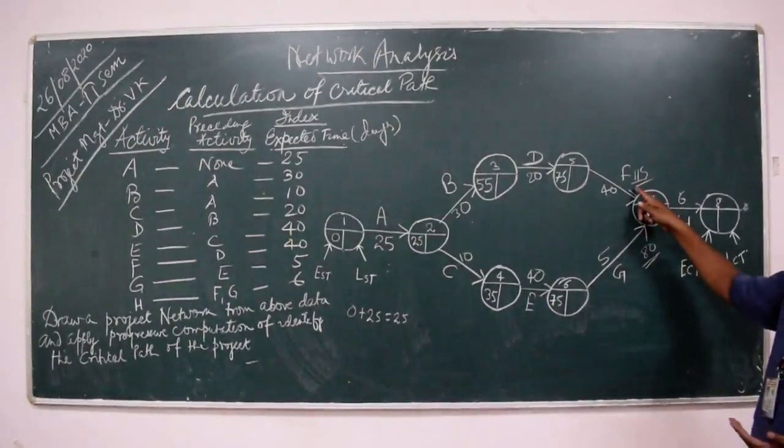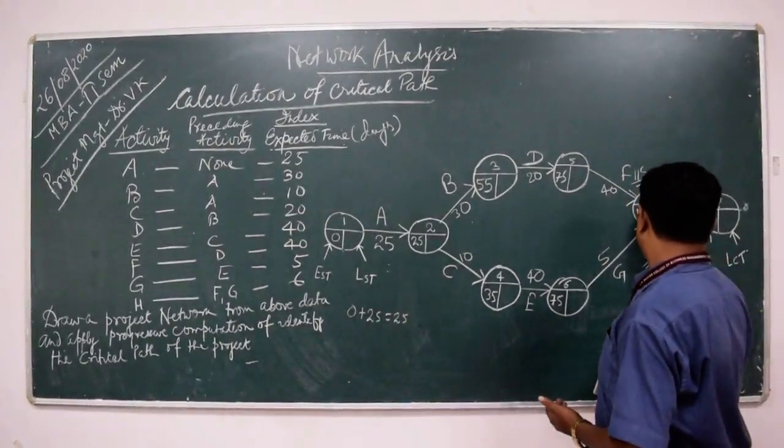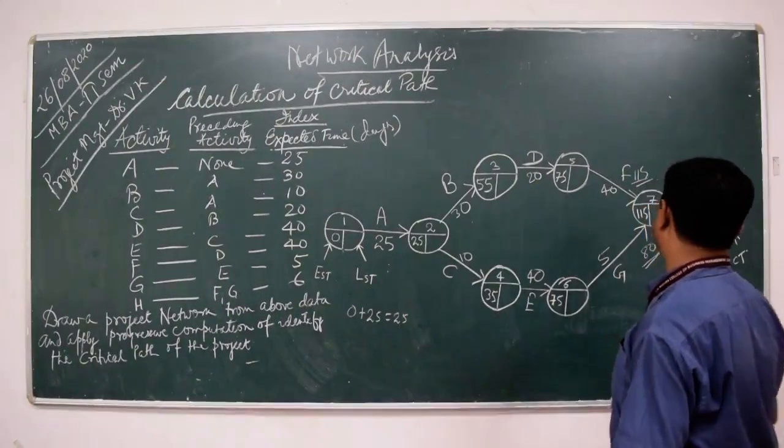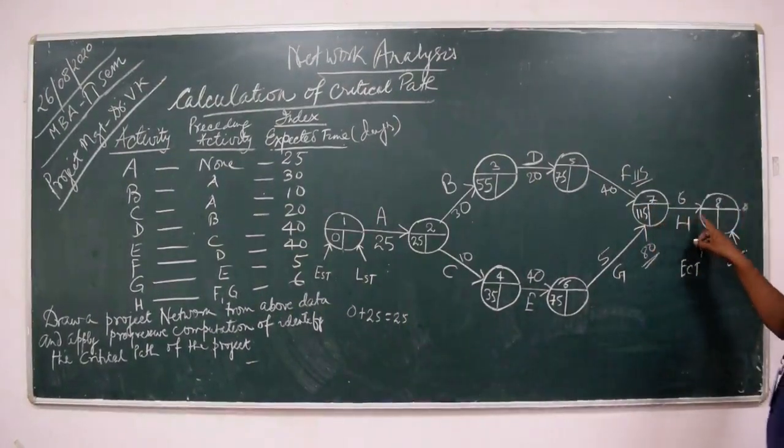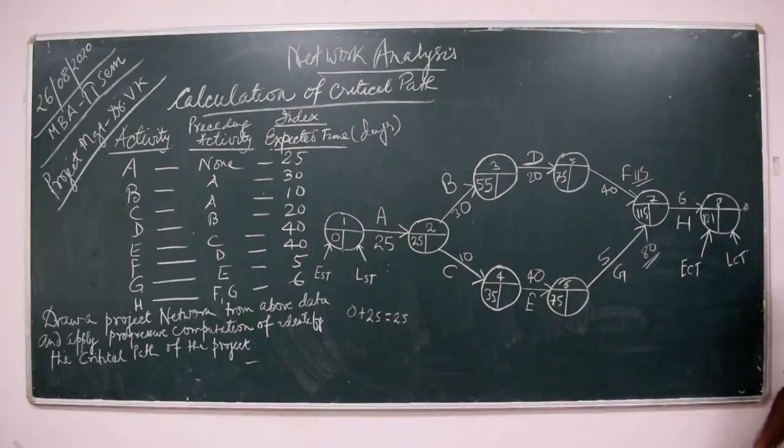So here the higher value is 115. So instead of 18, I am writing over here 115. Now coming to here, 115 plus 6, this is 121. 121 days. Here the first part of progressive computation is completed, that is the forward pass.